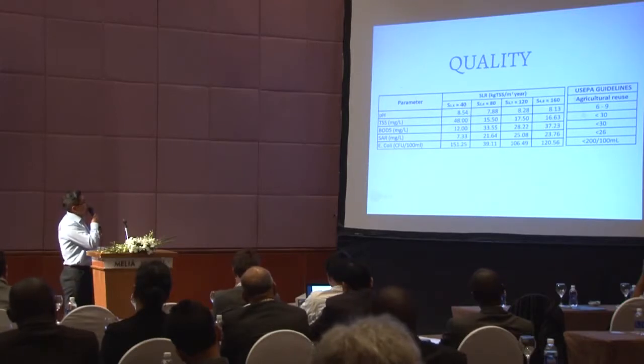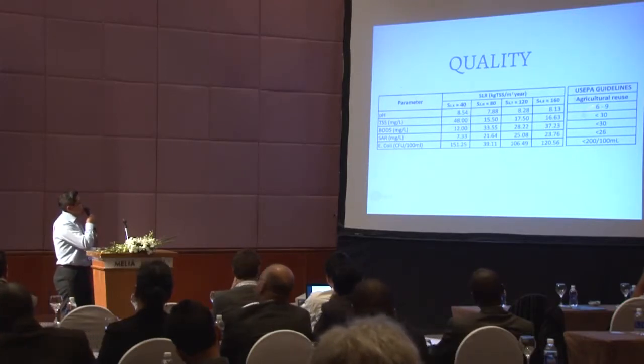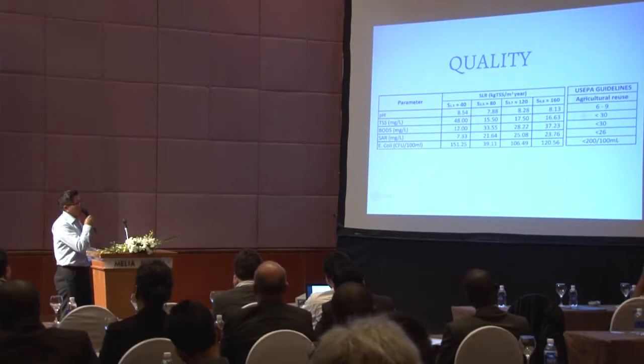About the quality, these are 4 different loading rates, the parameters, and these are the guidelines recommended by US EPA. You can see most of the parameters are under the regulation.